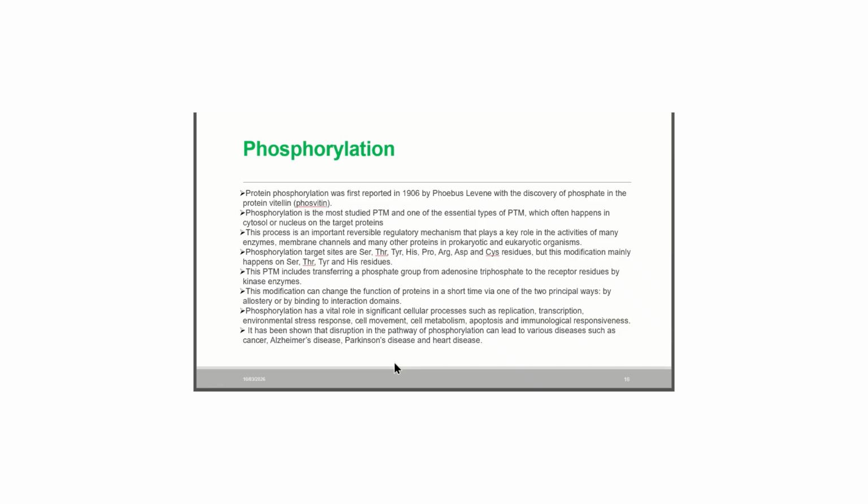So this shows that phosphorylation is very important and has high frequency within the cells. So it's very important that it binds to the interaction domains for proper functioning of the protein.